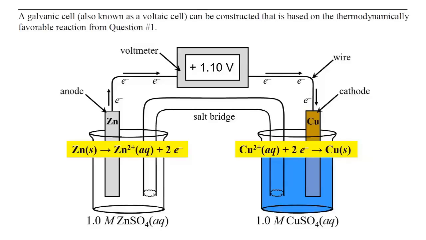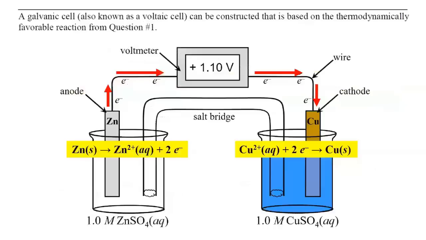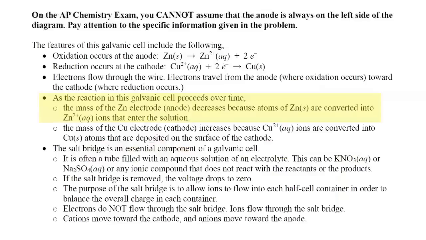And as I had mentioned earlier, electrons flow through the wire in a particular direction. So electrons travel from the anode, where oxidation occurs, toward the cathode, where reduction occurs. And you can see in the diagram the arrows along the wire to indicate the direction of electron flow from the anode to the cathode.